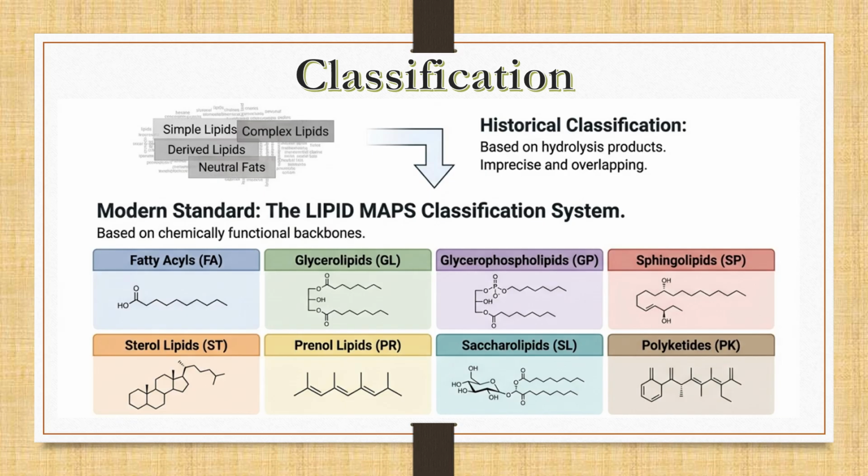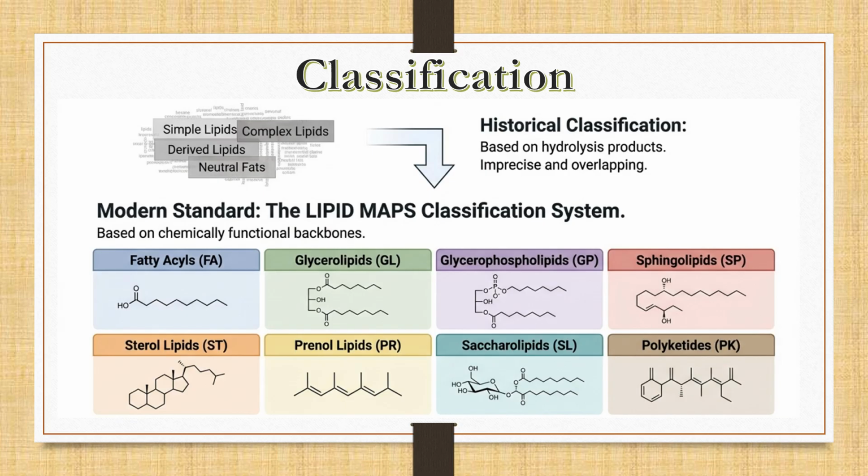Derived lipids are substances obtained from the hydrolysis of simple and complex lipids. Examples include fatty acids, steroids, and fat-soluble vitamins. Specialized lipids are involved mainly in regulatory and signaling functions. Examples include prostaglandins, leukotrienes, and steroid hormones.